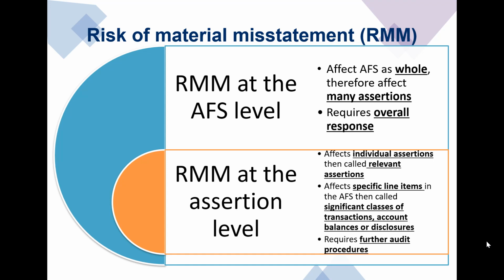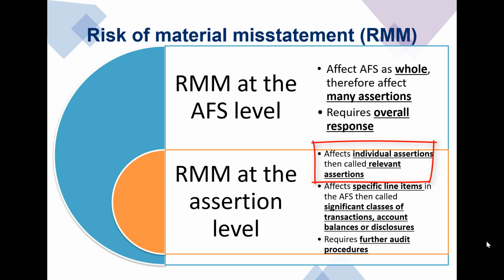So when you assess the risk at the financial statement level, it might be that some individual assertions are also affected for specific line items in the financial statement. To this, we will refer to the risk of material misstatement at the assertion level. And the assertions that we identified are referred to as relevant assertions.